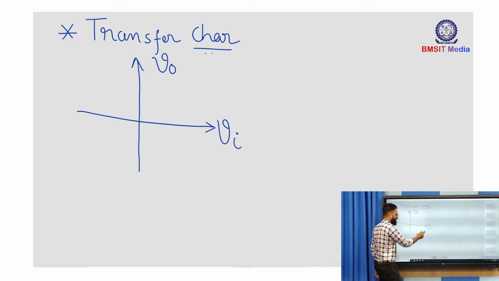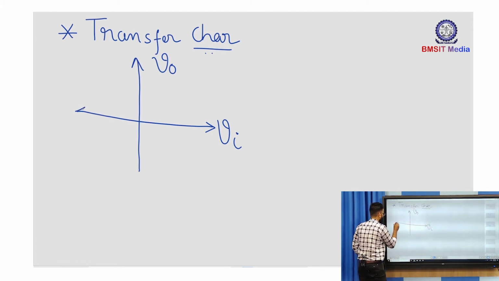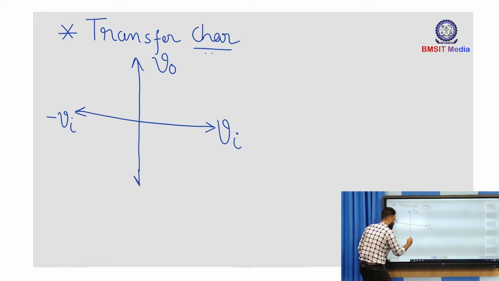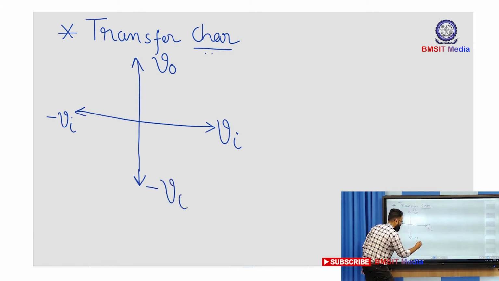So plus Vi signifies the positive half cycle of the input. The minus Vi signifies the negative half cycle of the input. Similarly, plus V0 is the positive part of the output, and minus V0 is basically the negative part of the output.